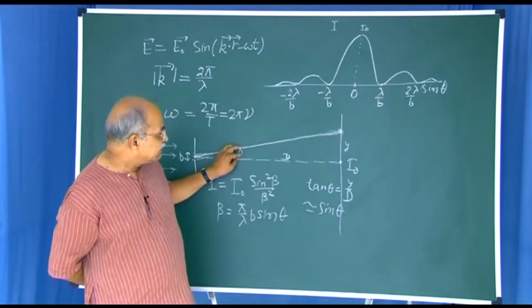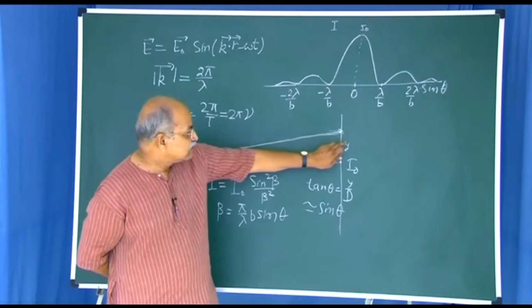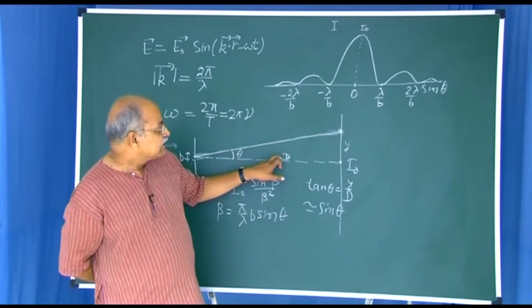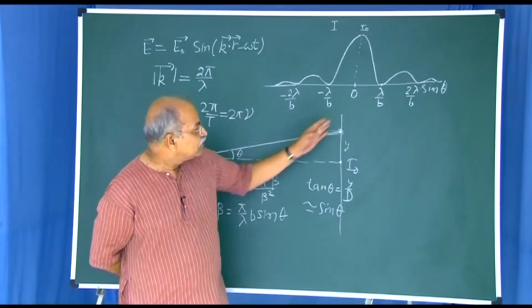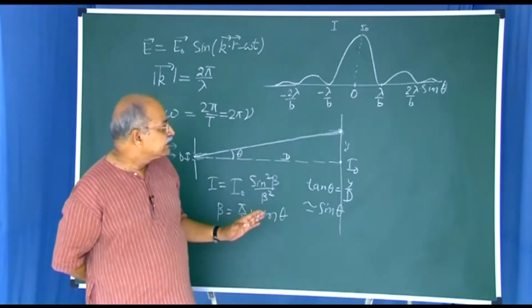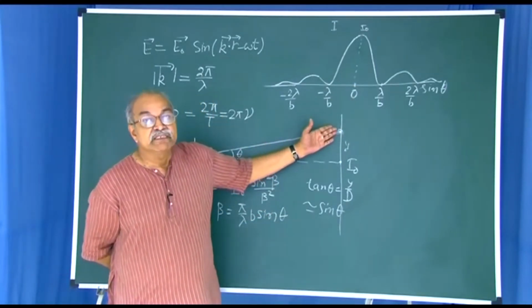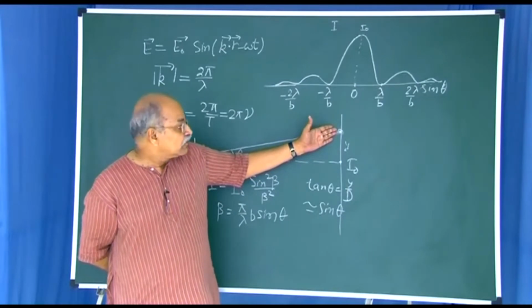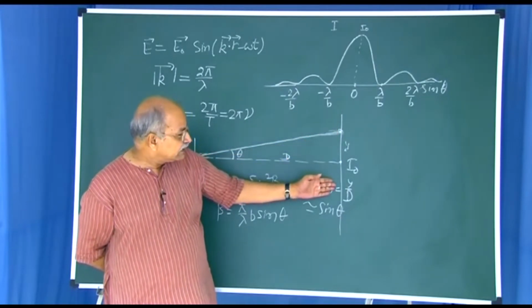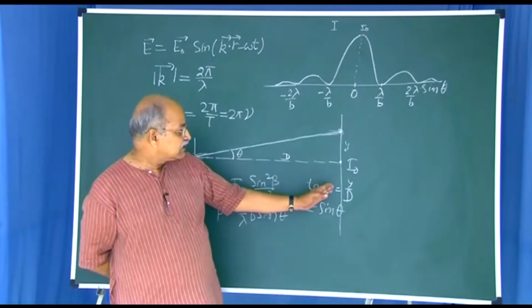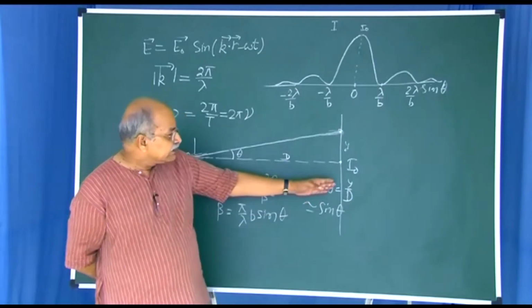So, when this sine theta, which is almost tan theta, which is small, y by capital D, is equal to lambda by b, then the intensity there will become 0. On the other side also, when sine theta becomes lambda by b, the intensity is 0.